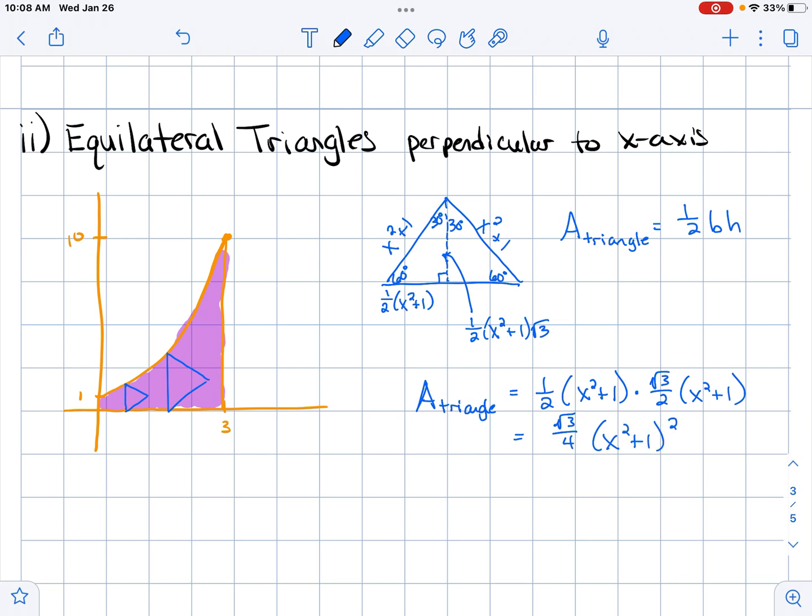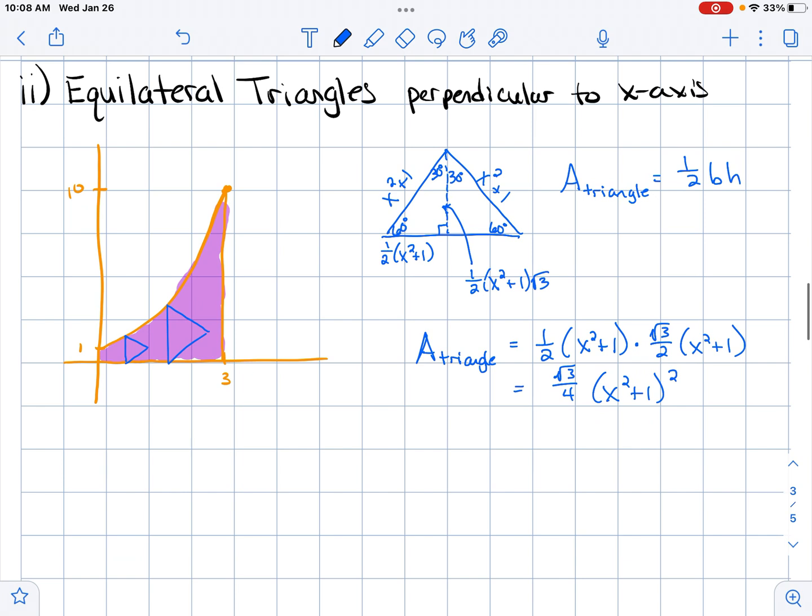So there's the area of one equilateral triangle. And now if we integrate that from 0 to 3, since we're looking at the x-axis, we would find the area of an infinite number of these by integrating this from 0 to 3. And we pretty much did the same work up above, so I'll let you finish this one too.